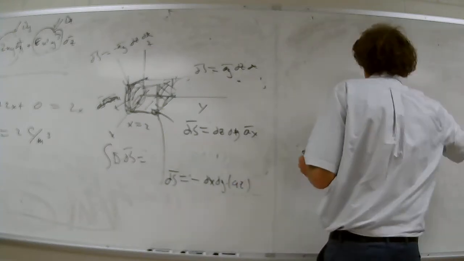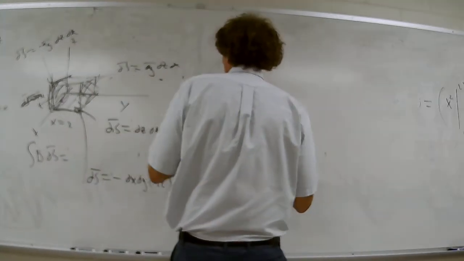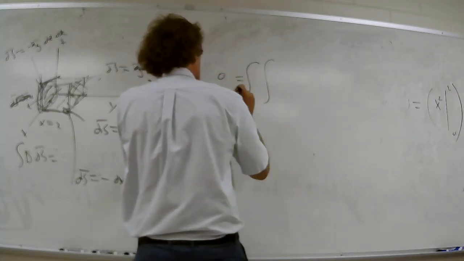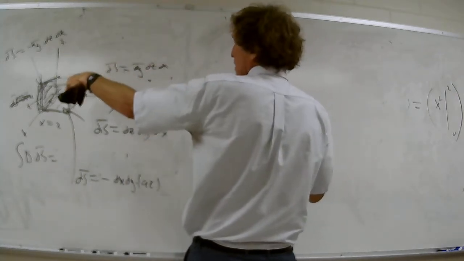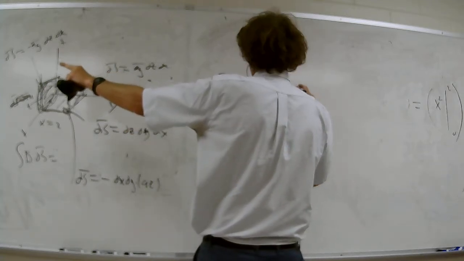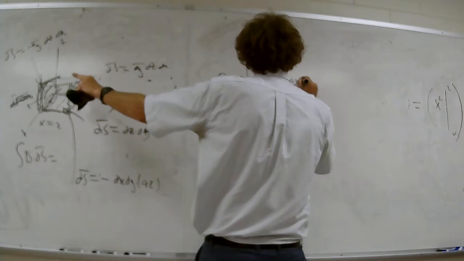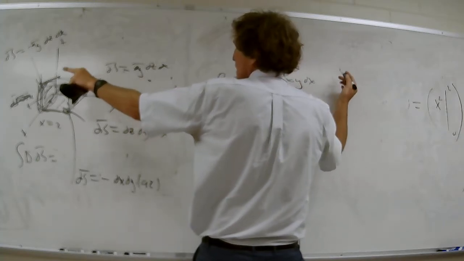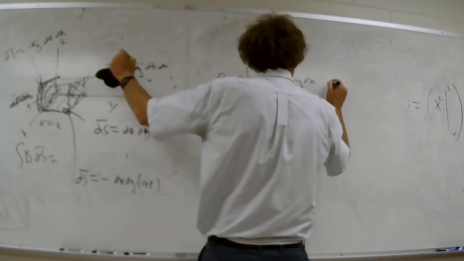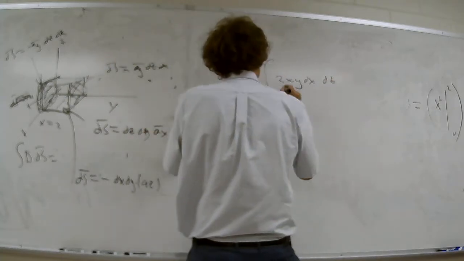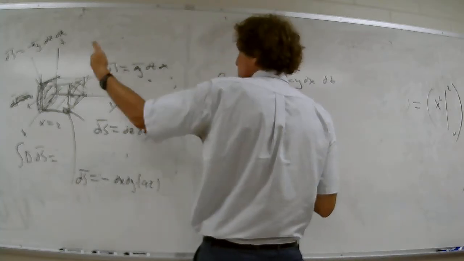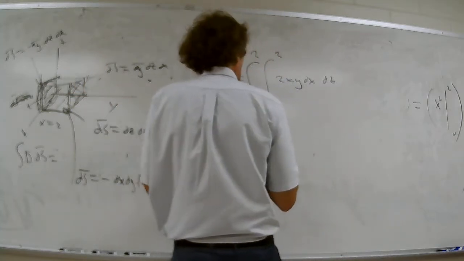Yes. So when I integrate this right here, for the final part for Q, it's positive ay, so I get 2xy dx, right? And it's going to be dz, correct? From 0 to 2, 0 to 2. When I look at this, this is at y equals 2, correct? Yes.